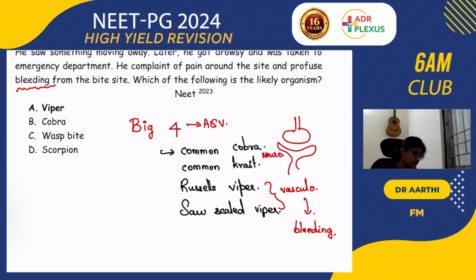Cobra, CR, right? And your krait, KR. Now, krait is a presynaptic agent. Krait acts in the presynaptic area, whereas your cobra acts in the postsynaptic area.